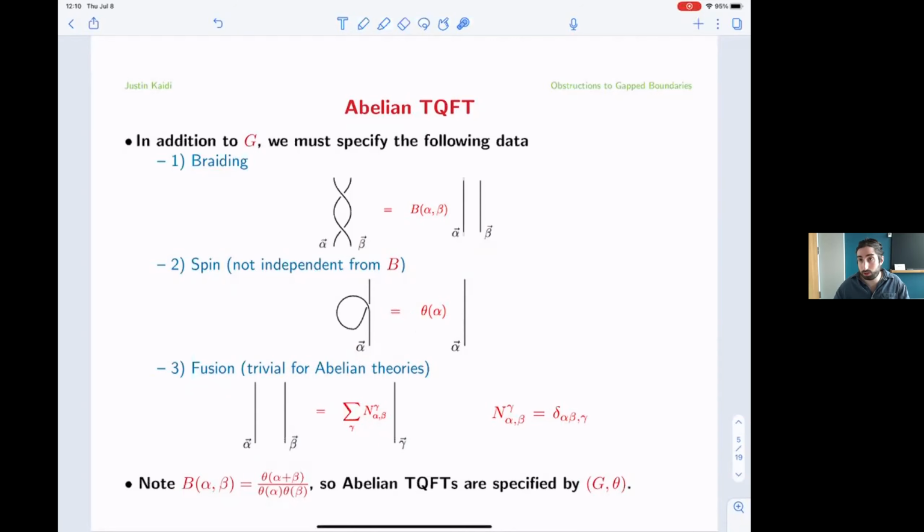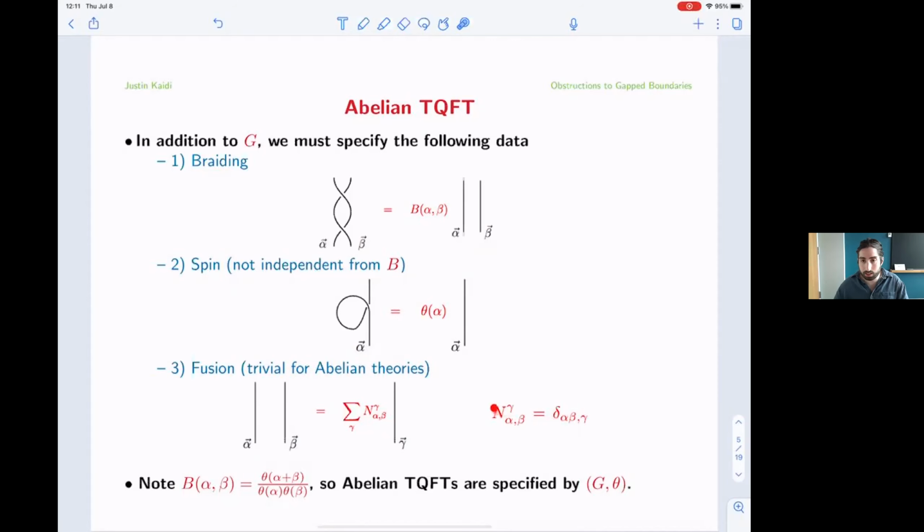So I also have to, in general, tell you about fusion. In other words, when I put the alpha and the beta anyon on top of each other, I get out some resulting anyons, which generically are not simple. It could be some sum of anyons with some degeneracies here. But a nice feature of Abelian TQFT, which is basically a definition of Abelian TQFT, is that there's a unique fusion channel.